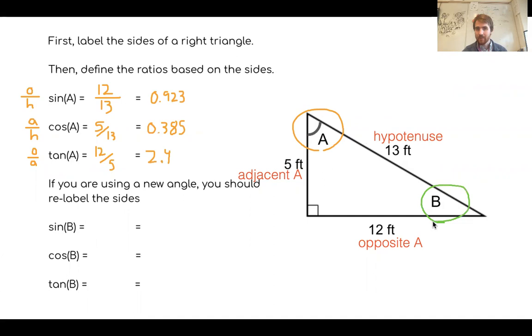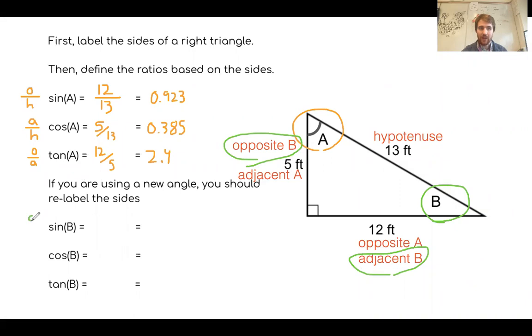Here's angle B. Now this side that used to be the adjacent to A is opposite angle B. So I'm going to make a note that this is opposite B. And this is why it's so important to know your opposites and adjacents. And this is adjacent to B. So this is the opposite. This is the adjacent. Now that we're looking at angle B, we care about what's opposite B and adjacent to B. Of course, the hypotenuse stays the same.